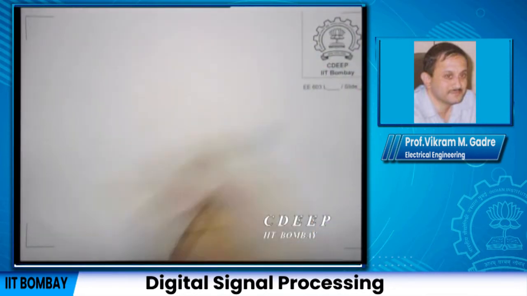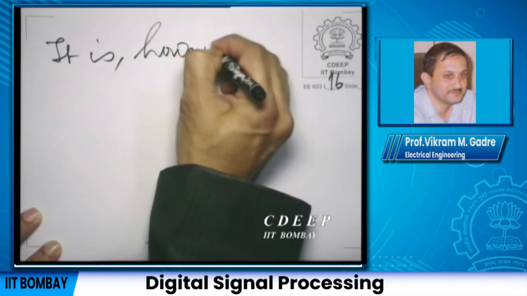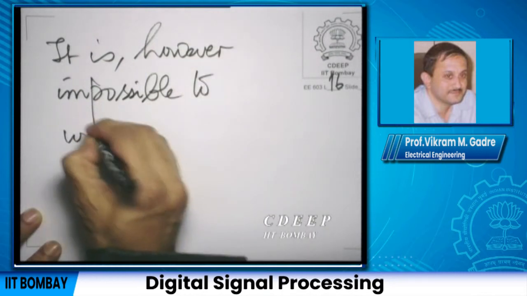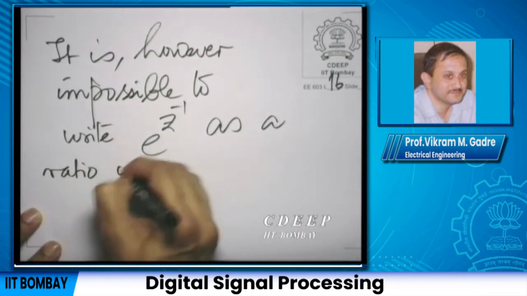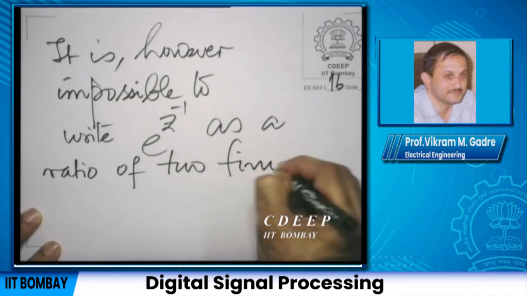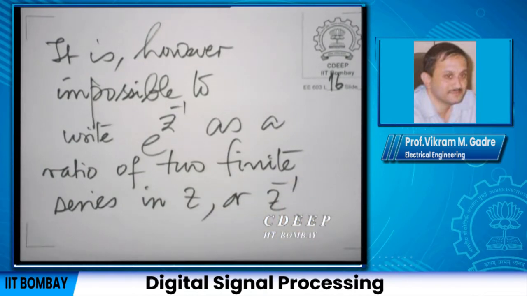It is impossible to write e raised to the power z inverse as a ratio of two finite series in z, or z inverse, does not matter. And therefore, X(z) is irrational.